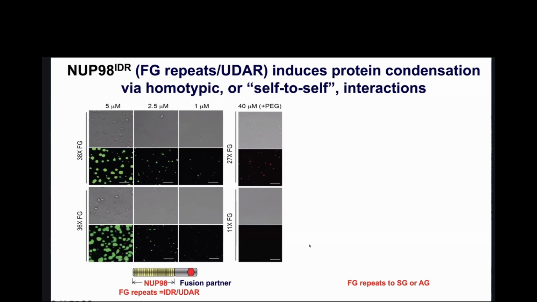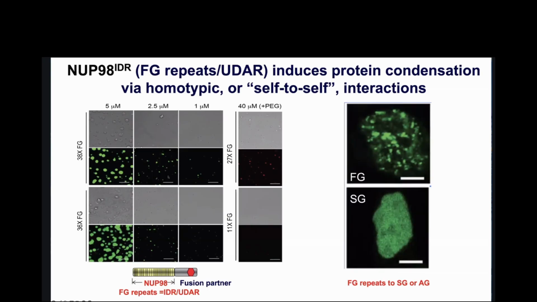And we can also use a different strategy in which we mutate FG repeats to SG repeats, serines, or AG repeats. In a way, we change the aromatic residue to a non-aromatic residue, right? And we can recapitulate the requirement of FG repeats for condensate formation, both in vitro, which I didn't show here, and also in the cells, which I did show here.